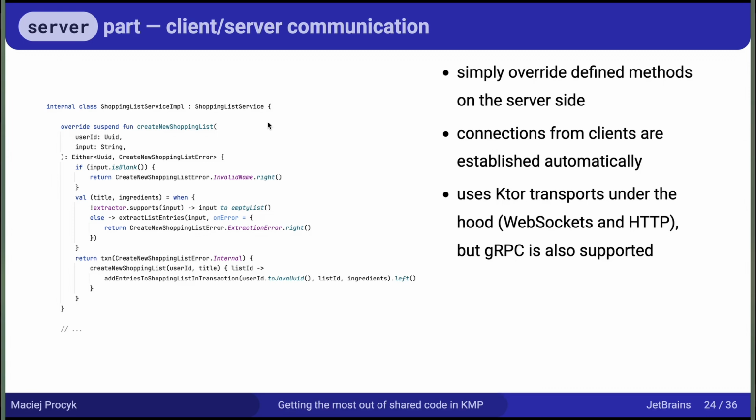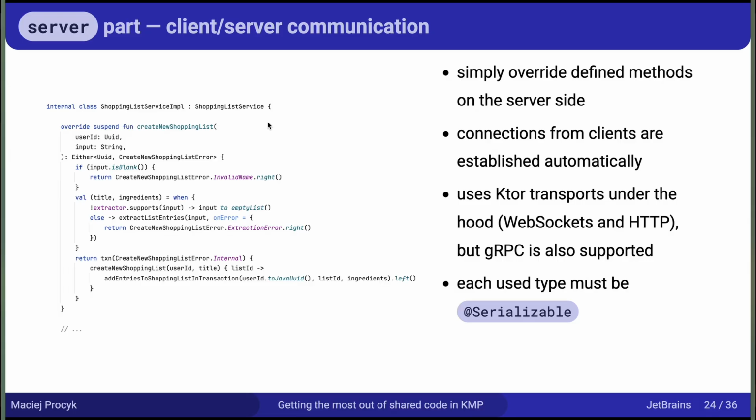So you only care about actually defining the logic that you're interested in while implementing this interface on the server side, and the whole communication is brought to you by the Kotlin compiler plugin that's part of this Kotlinx RPC library.